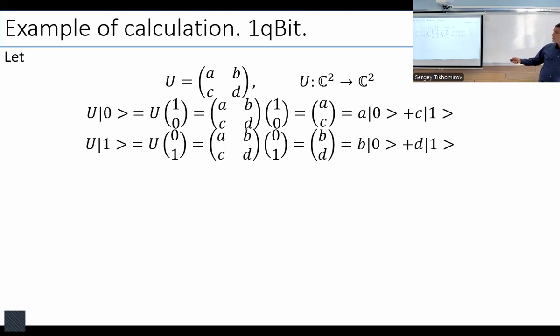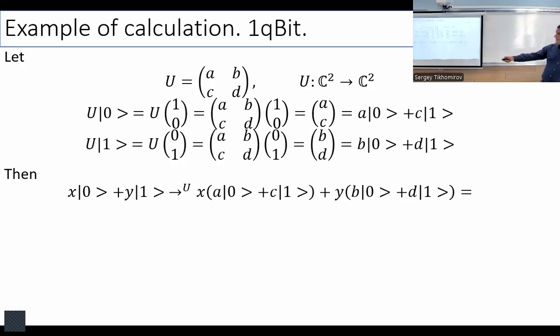Remember, 0 is the vector (1, 0), and 1 is (0, 1). Then you can multiply this matrix by the vector, get a vector, and decompose it into a sum of vectors. So we get it for 0, and we get it for 1.